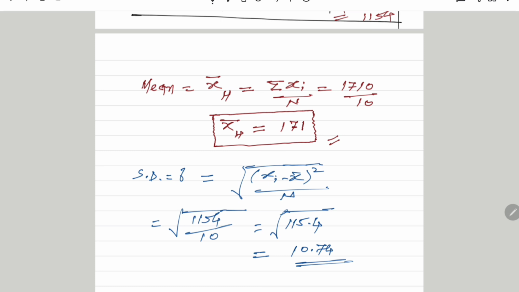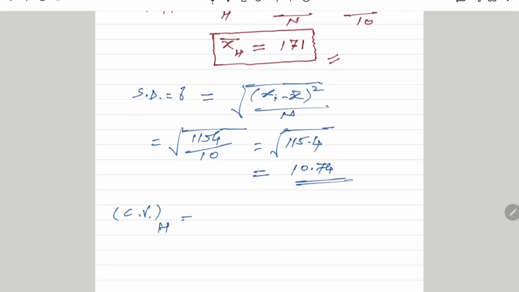After getting the standard deviation, we find the CV. The formula is standard deviation divided by mean into 100. The value of standard deviation is 10.74, and the mean is 171, into 100.